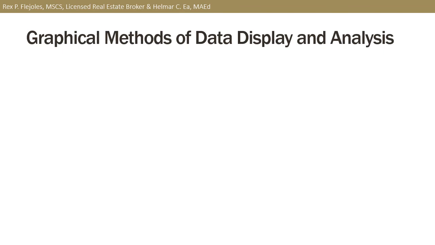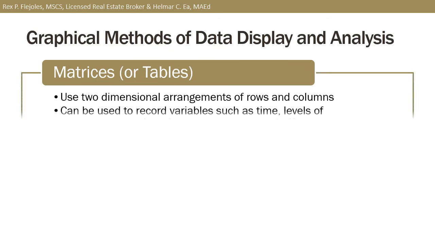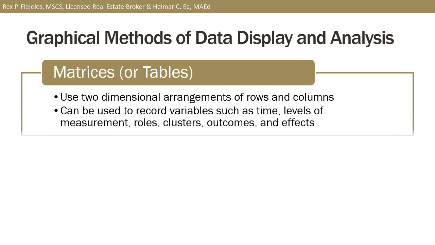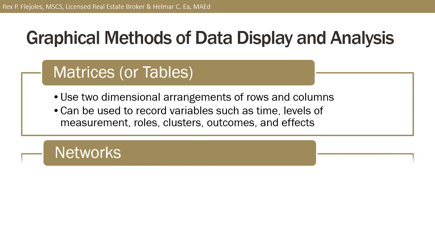For the data display and analysis, graphical methods could be employed using matrices or networks. Matrices, also referred to as tables, use two-dimensional arrangements of rows and columns. They can be used to record variables such as time, levels of measurement, roles, clusters, outcomes, and effects.